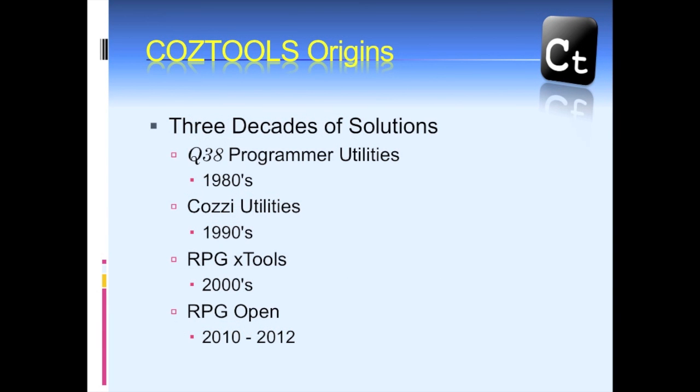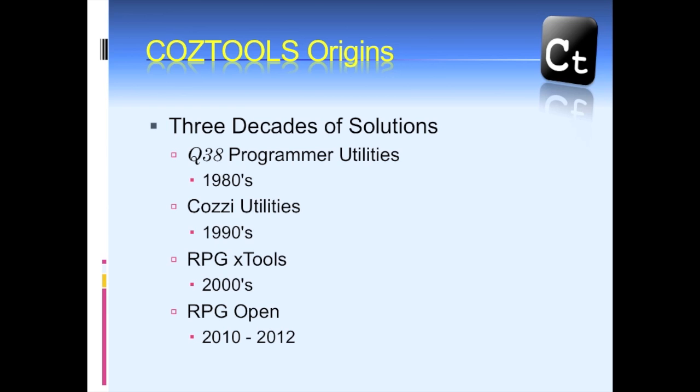Now, the origins of Cozzi Tools go back a long way. Back in the 1980s, we created the Q38 Programmer Utilities, which was a spin-off of the tools we would publish every month in the newsletters we did back then for the old IBM System 38. Then in the 1990s, with the AS/400, we had something called Cozzi Utilities, which was very popular.